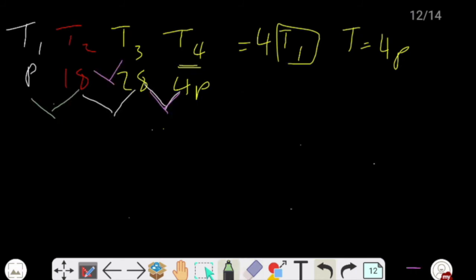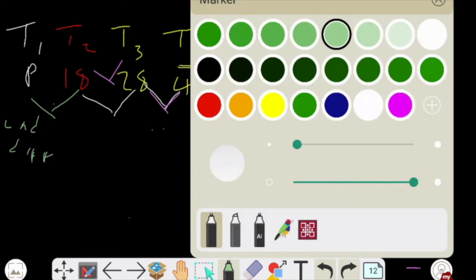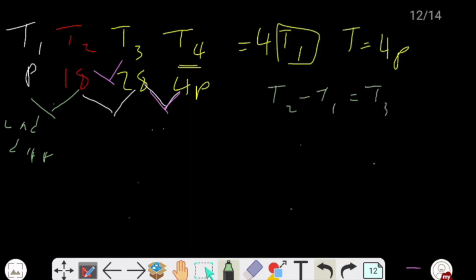And after doing this, you need to find your second difference, right? Second difference, and we can say T2 minus T1 equals T3 minus T2, right?